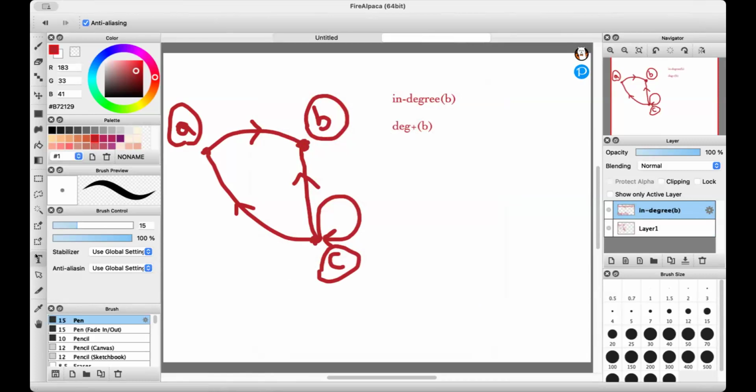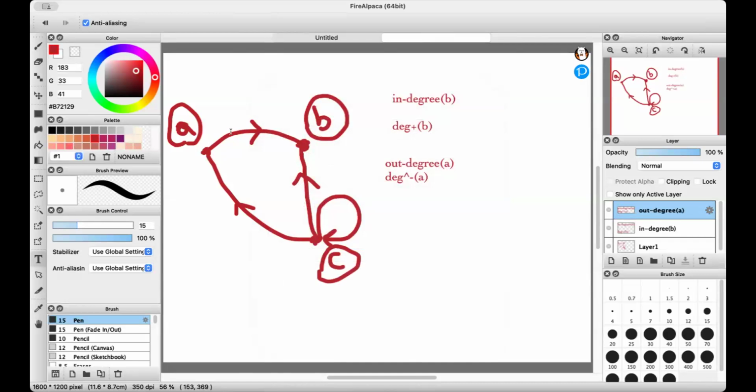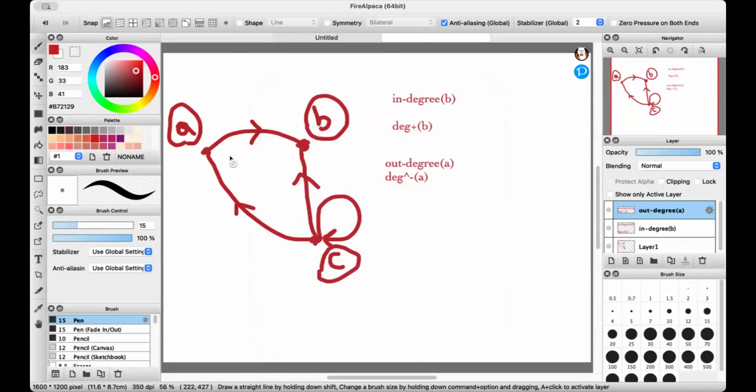We also have something called the out degree. Let's use A instead. Degree minus A. This minus usually goes above, same with the in degree. So the out degree of A, since there's one edge coming out of it, this would be 1. Does that make sense so far?